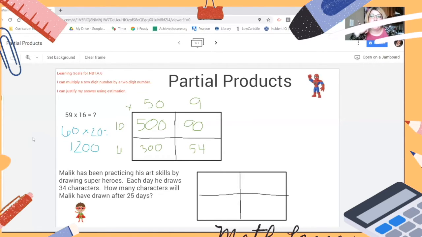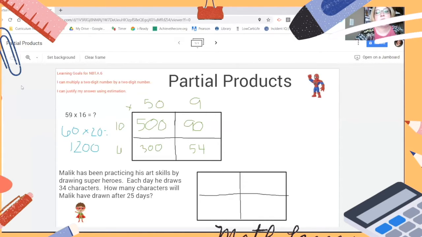So you're probably wondering, what do we do next? We have done all of the multiplication, so I must be done. You're not quite done. Now you are going to add all of the boxes that you have on the inside, everything that's inside of a box.